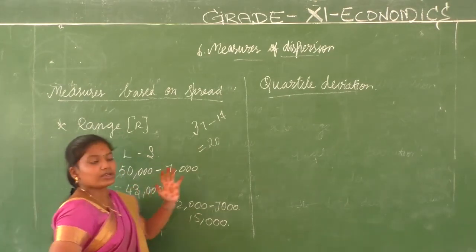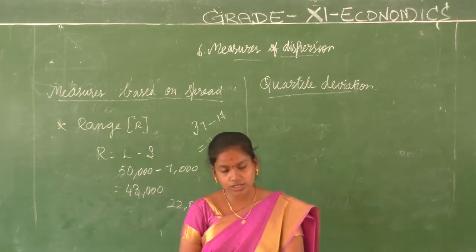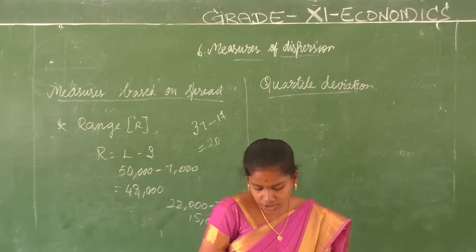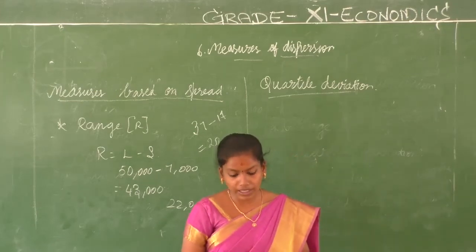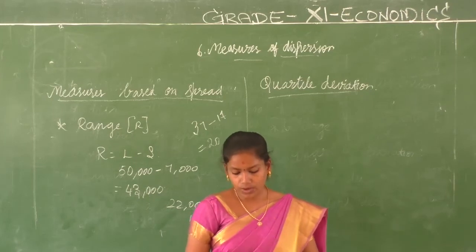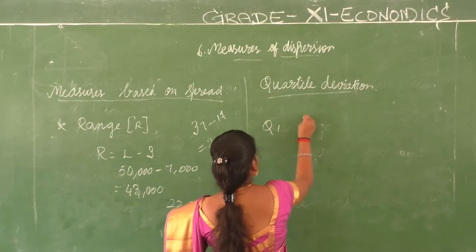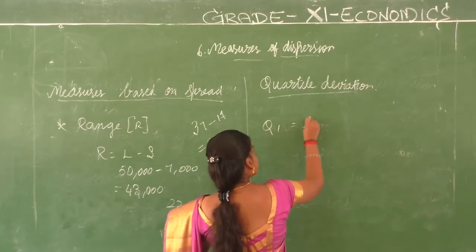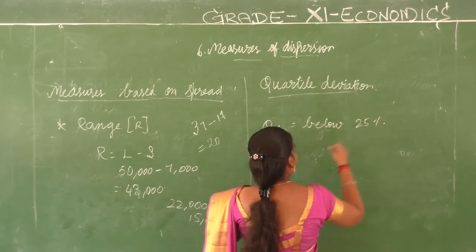That is why we go into the next measure of dispersion, which is called, children, quartile deviation. It is divided into 4 equal parts. How many equal parts? 4 equal parts. And what are those? We have Q1, that is below 25.